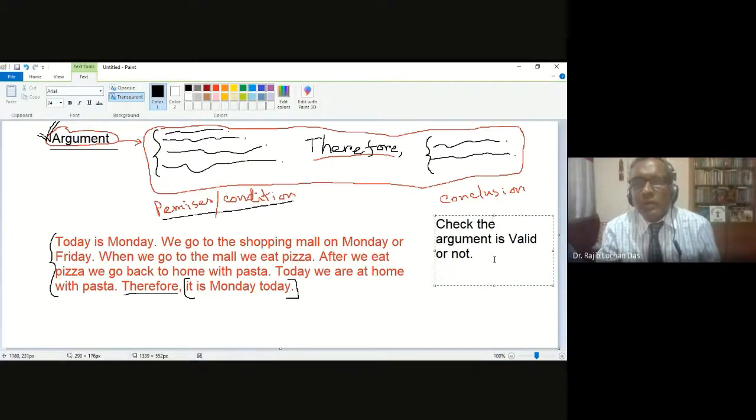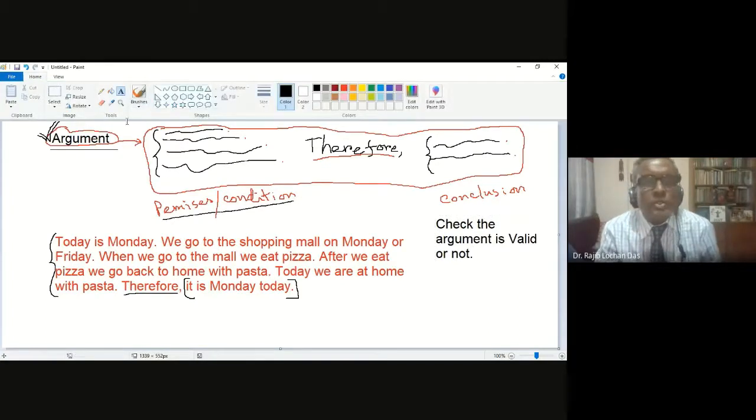But for doing that, we need to recall two words again, tautology and fallacy. In between there are three things.